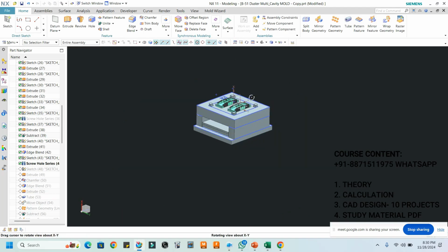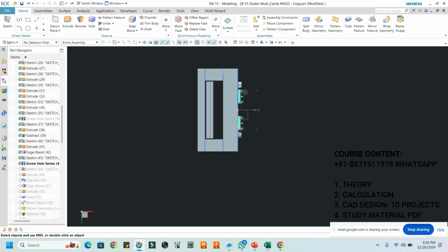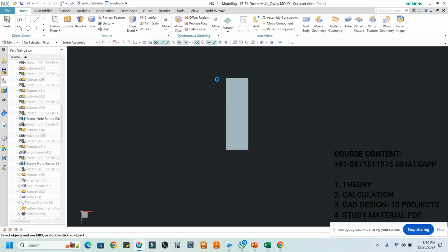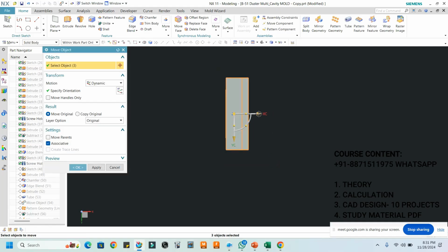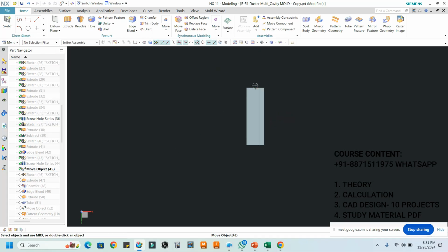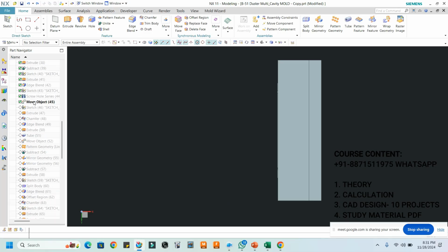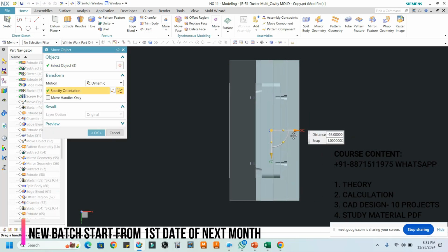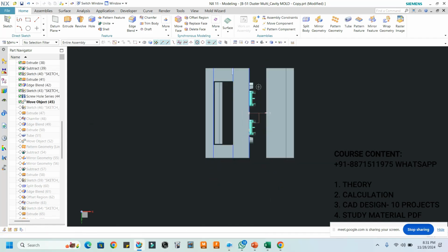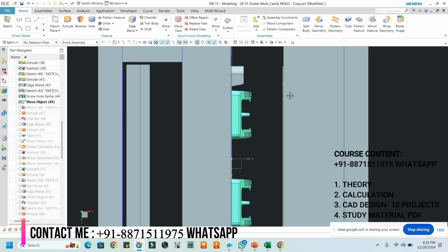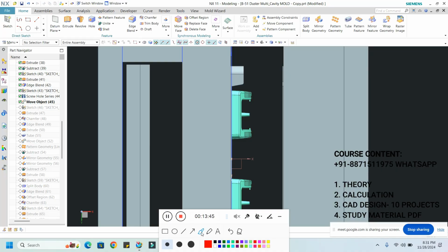See, for example, I have this fixed half portion, like this. Okay. So basically this is the core, for example, and this will be the cavity in this mold, right? Like this.